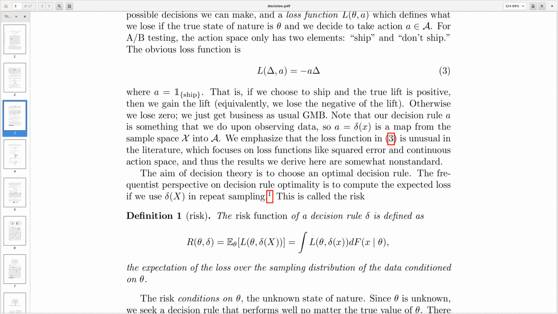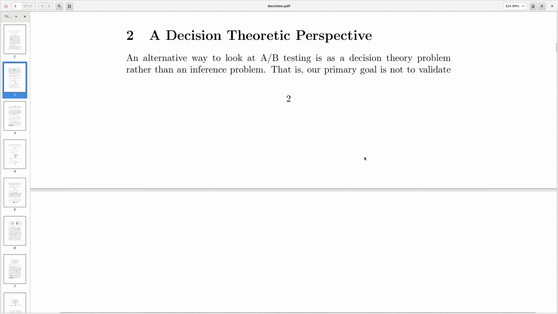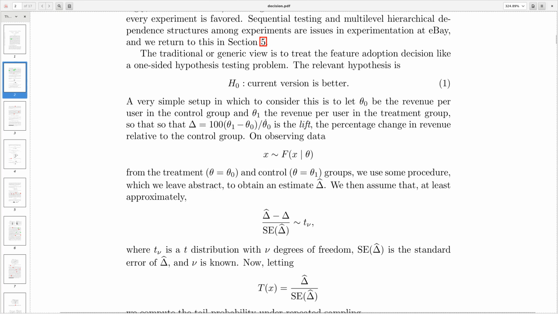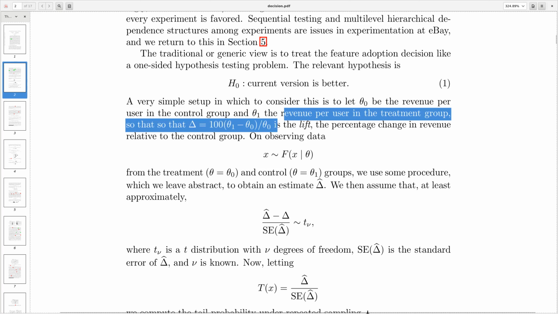So I guess this delta is the lift, right? The delta is revenue per user.